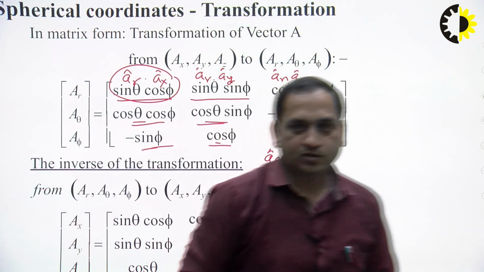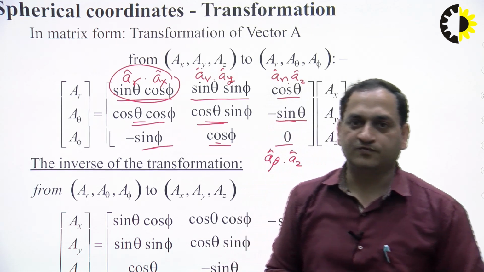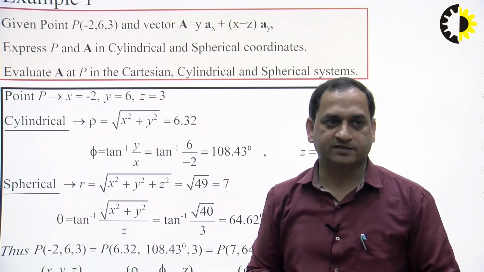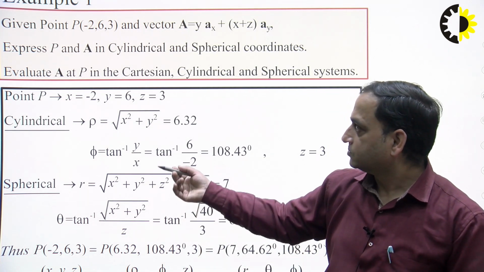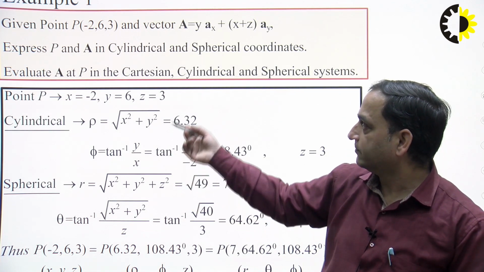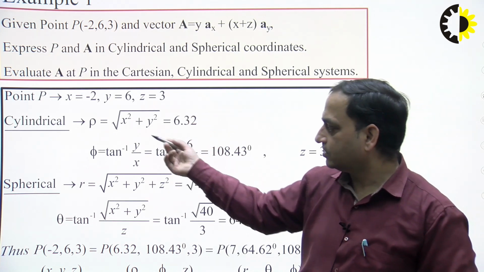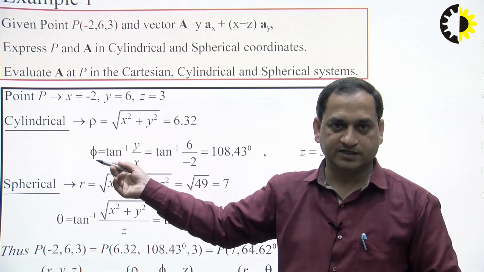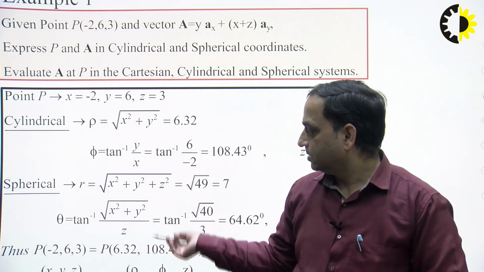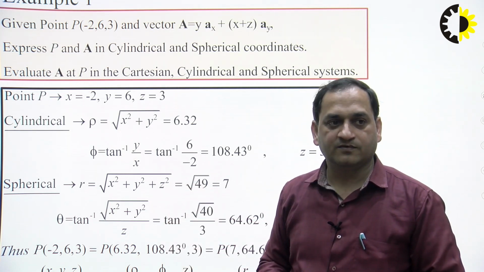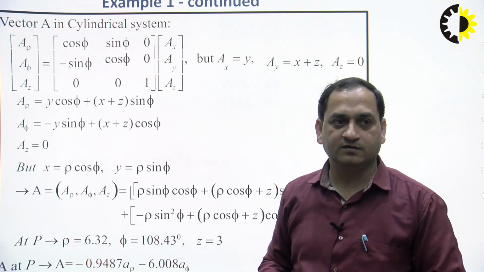Okay. So this matrix will be helpful for solving the numericals, right? So one of the numericals is mentioned here, that how you can transform the point P into the vector. All the formulas which we have discussed already, just try to implement them into this equation, then you will get the answers.